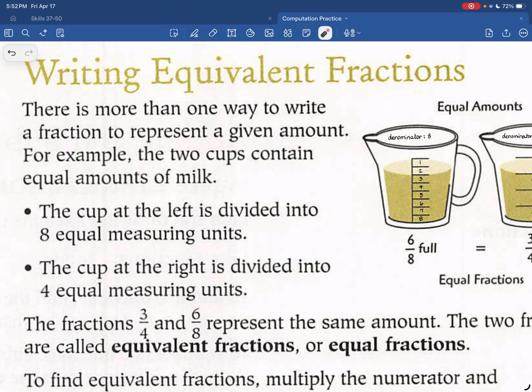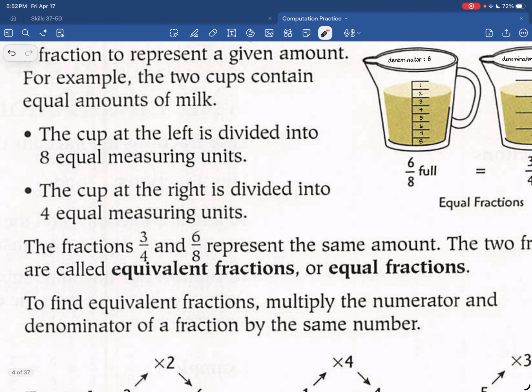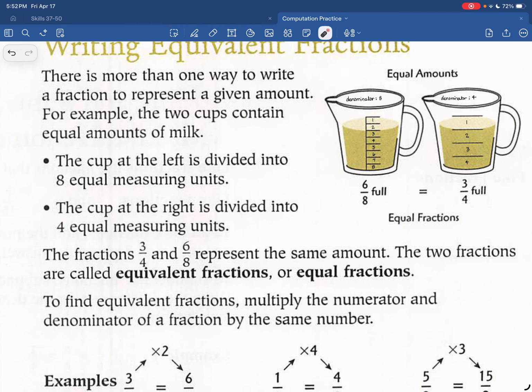The cup at the right is divided into 4 equal measuring units. The fractions 3/4 and 6/8 represent the same amount. The 2 fractions are called equivalent fractions or equal fractions.